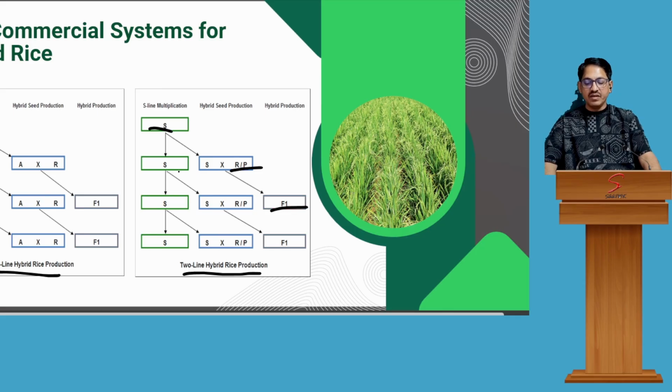And sterility will be maintained at the location where the temperature should not go below 23.3 degrees Celsius. Because if the temperature comes below 23.3 degrees Celsius, then sterility may convert into fertility. That's why grow these sterile lines where the temperature is above 23.3 degrees Celsius.